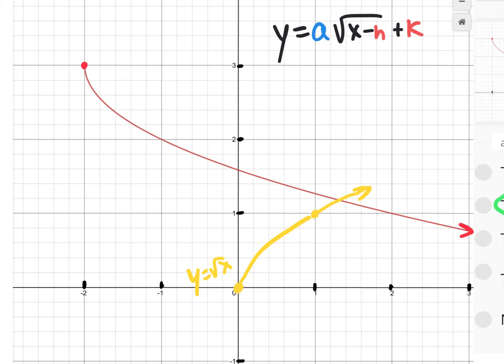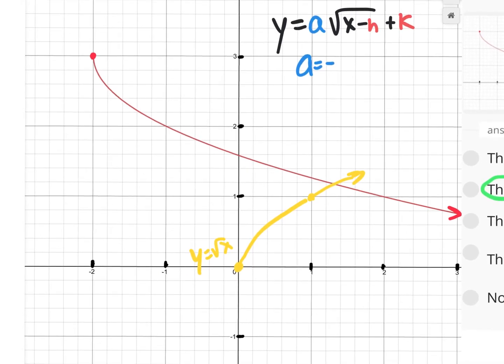So the a value has to be negative. It might be -1, it might be -2. Let's find out. If it gets reflected, it'd be down here, okay? So as you can see, the pattern on the reflection is down 1 over 1.